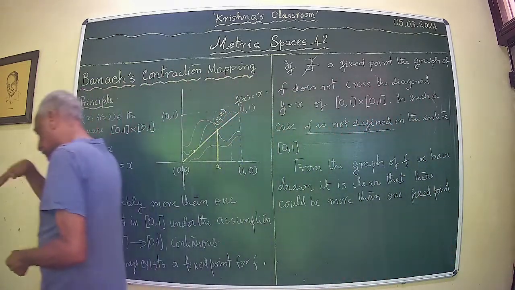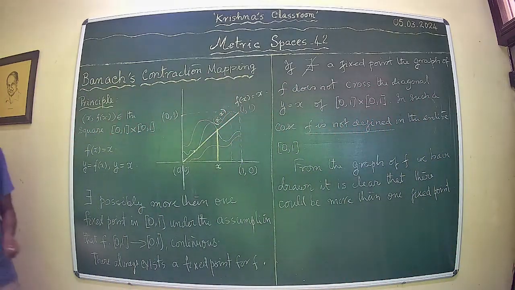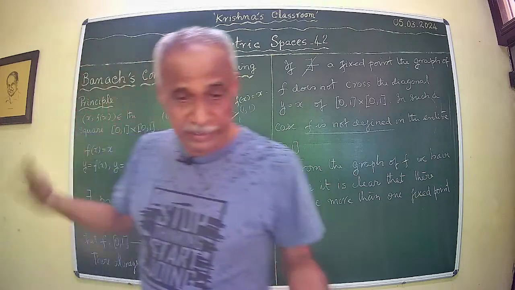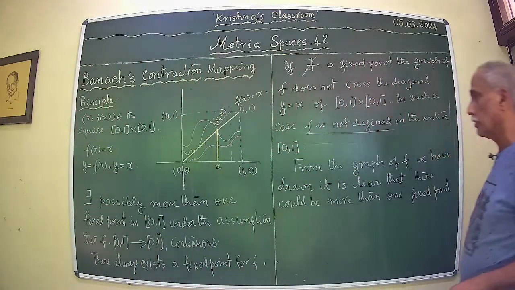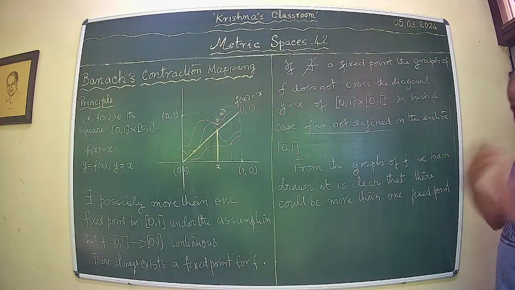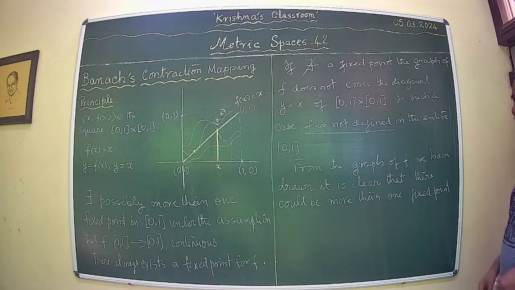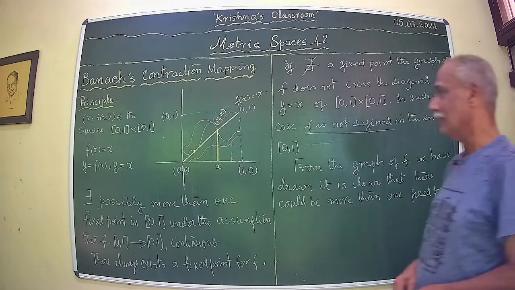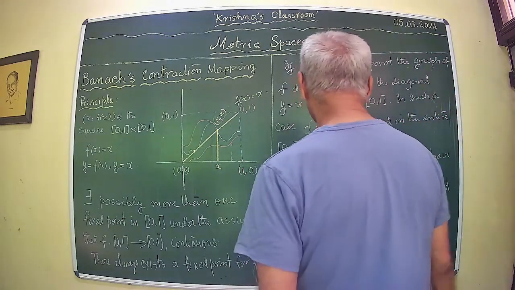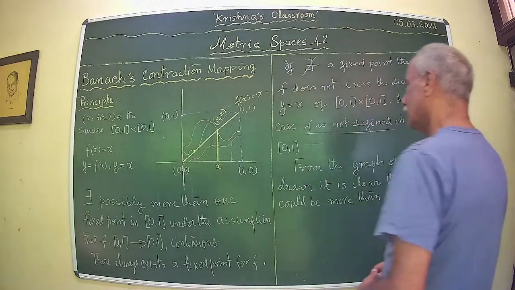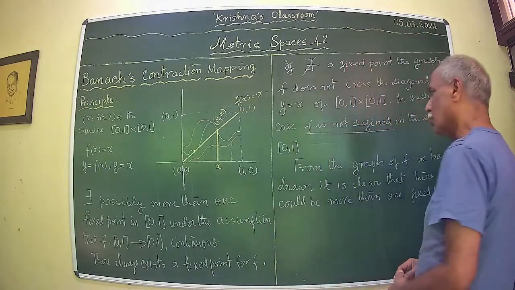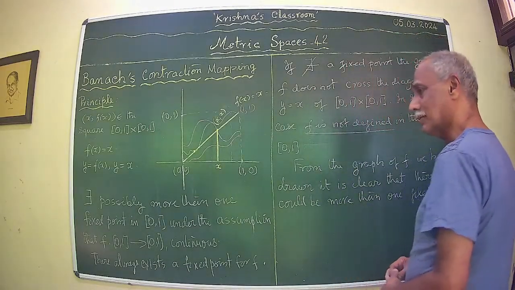That means this graph could be crossing over this diagonal more than once. But if it doesn't touch the diagonal at all, then you may not have the function defined on the whole interval.